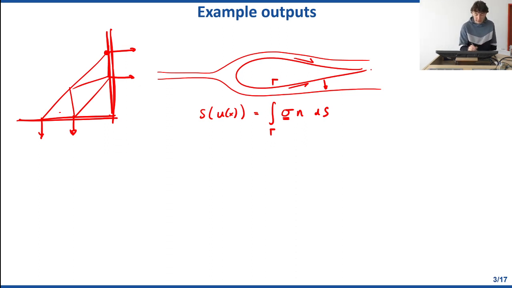So that would be in a very similar sense a similar output, where now gamma would be the set of those, either surfaces or points, depending on our setup. Yeah, so those are example outputs.